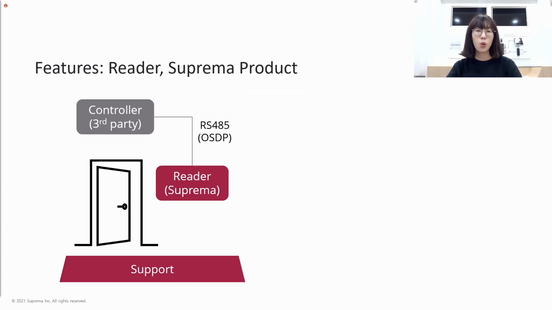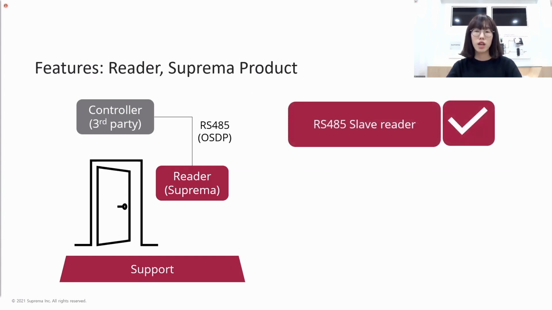Now, let me explain what features the Suprema devices have as a reader. The first is the slave device as a dummy reader. It does not store user information in device memory. Like other companies' OSDP readers, it is operated by the controller, sending the card to the controller when there is a card input in the normal state, and scanning the fingerprint when the controller requests a fingerprint input.